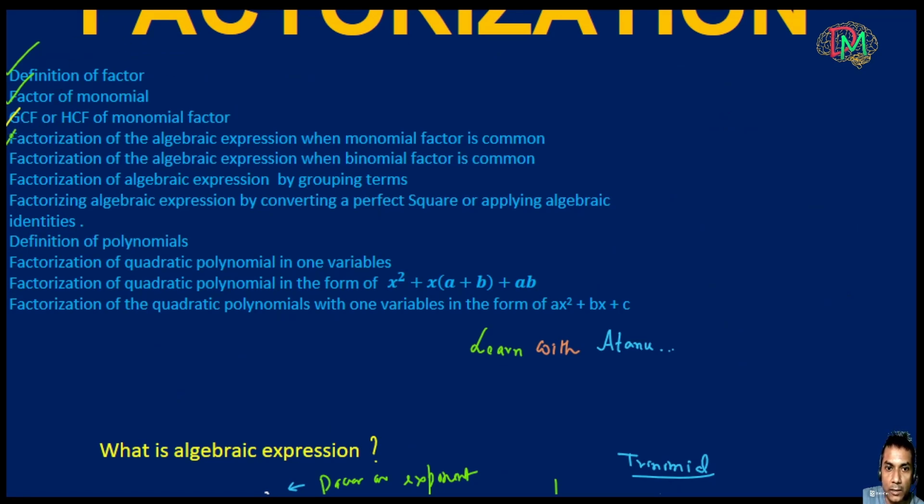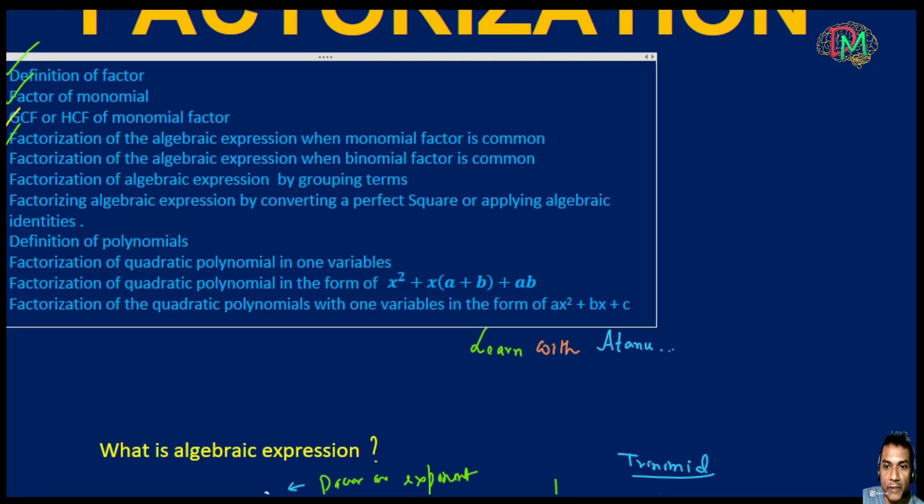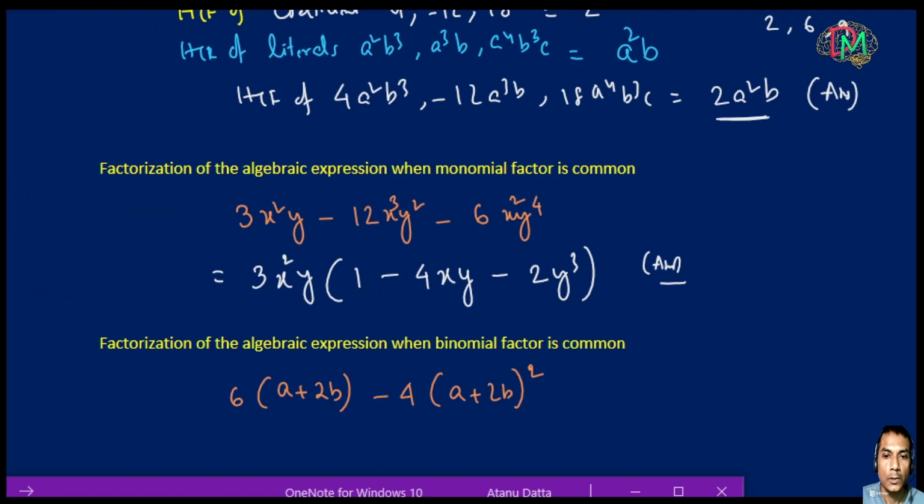Next we learn the factorization of the algebraic expression when the binomial factor is common. How can we identify this type? By looking into the algebraic expression. Here a plus 2b is the common factor, and this a plus 2b is a binomial.